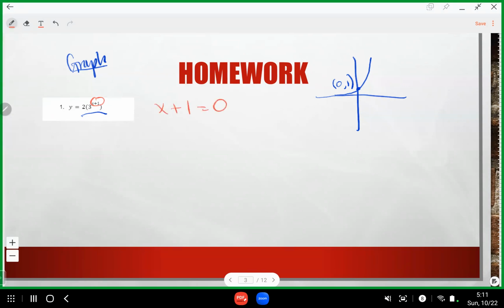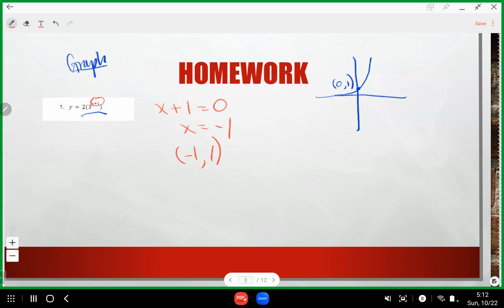So when is this equal to 0? It's when x is equal to -1. So our new reference point, because there are no y coordinate changes, is going to be -1, 1. And this makes sense because the function transformation of x plus 1 moves it to the left by 1. So that makes sense.